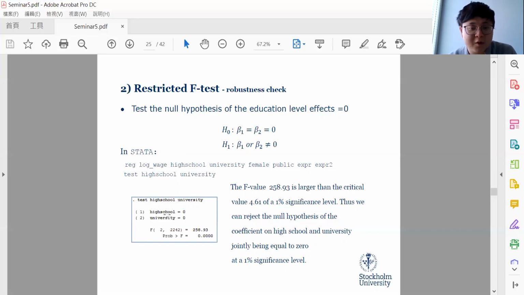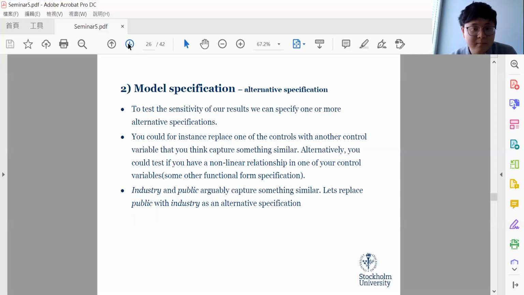The null hypothesis in this case is that high school equals 0 and university equals 0. And the result shows that at least one of the education levels matters. This is the part we actually just did in the second part of our seminar.